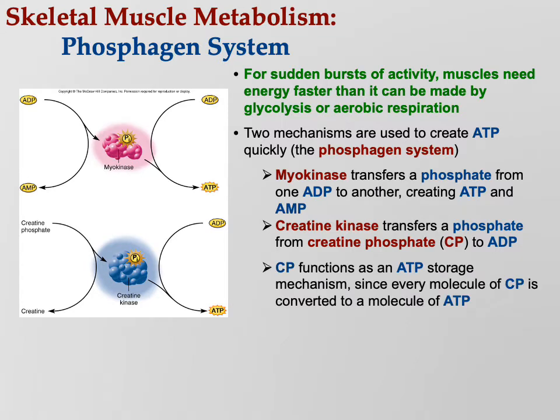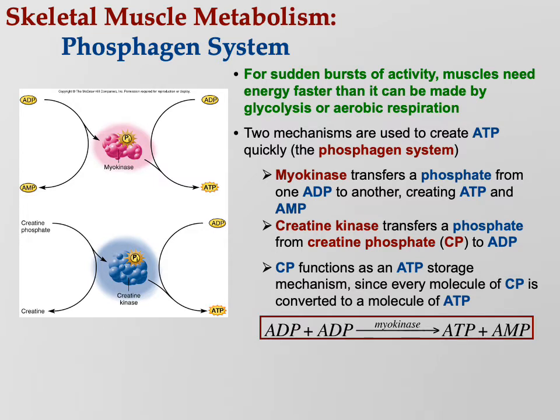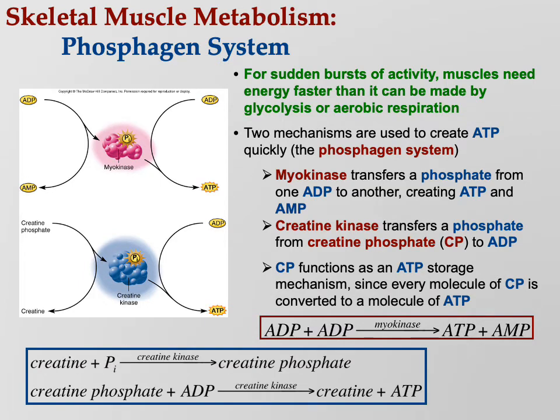So, see, creatine functions as an ATP storage mechanism. Every molecule of creatine phosphate is converted to a molecule of adenosine triphosphate. So there you see, I wrote the equations out for you. Take two ADPs, myokinase can steal from one and give to the other. And then notice with creatine, when you're at rest right now, you can add phosphates to creatine.